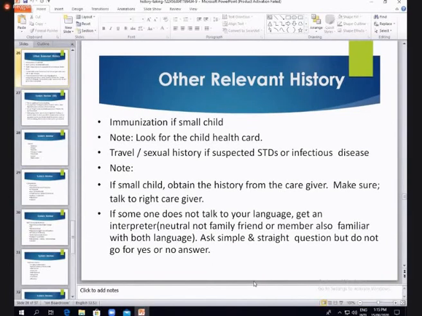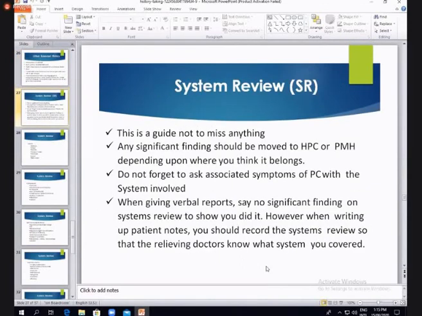So, please, I just want to focus upon a point: while inquiring about the history of alcoholism, smoking, and sexually transmitted disease, you need to be very decent in your questions, so that you don't make the patient feel offended. At the same time, you should be able to inquire the relevant information in a very decent manner.